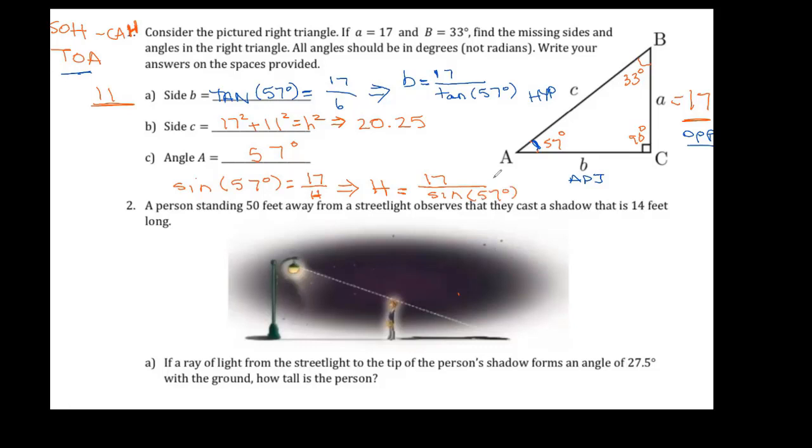It's a little different, but it's real close. This gives me 20.27. Probably just from rounding errors, but don't worry, those are similar enough that I would accept either one.